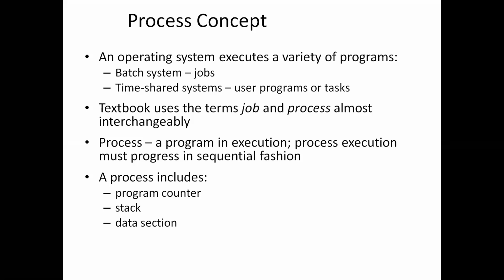These resources are allocated to the process either when it is created or while it is executing. Whenever the process needs the resources, at that time the resources will be allocated.